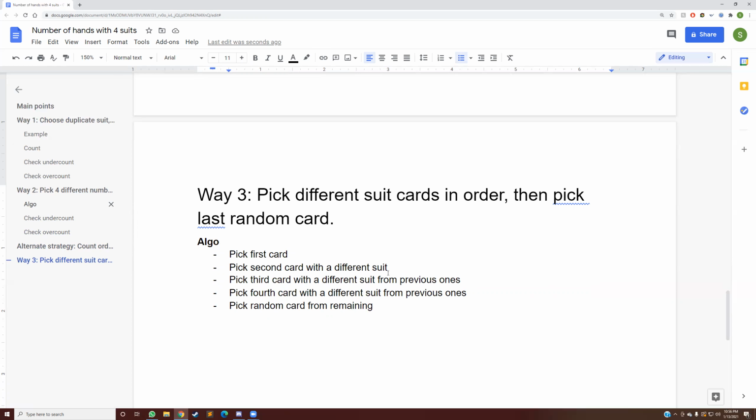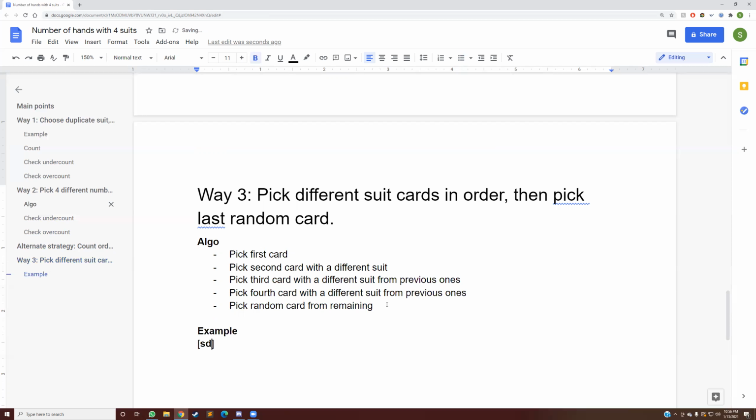So my advice to you is don't immediately count. Before counting, you have to make sure that the algorithm makes sense and is not an undercount. I'll give you an example. Why don't you pick a first card?